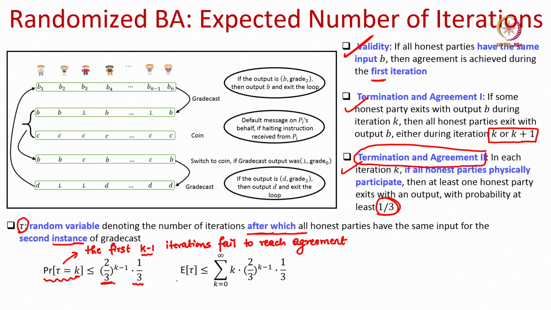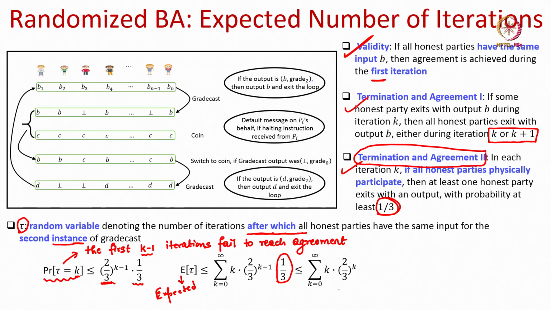We want now to find the expected value of k. So, the expected value of k as per the formula of expectation turns out to be this, and I can replace this 1 over 3 with 2 over 3 because of this inequality.